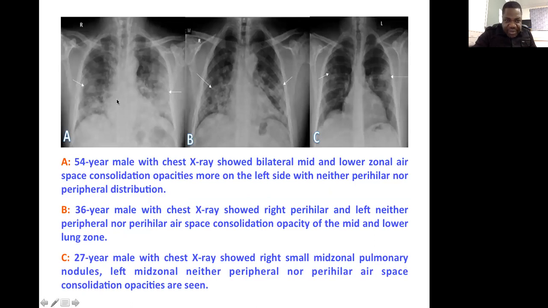So it's mid and lower consolidation opacities. And here we can see left perihilar opacities. And in this patient here, we can see a left mid-zonal, neither peripheral nor perihilar, airspace consolidation opacity.